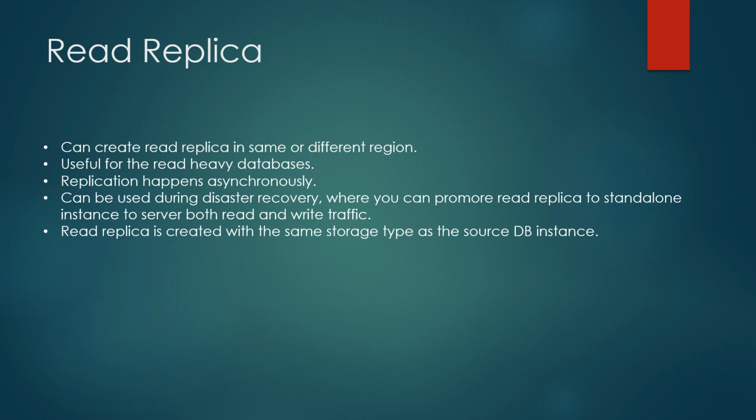So if you have a database which has a high read-only load, then you can bring up some read replicas of your main database and route your read traffic to them. You can direct read traffic to one or more read replicas while the source DB instance is unavailable.